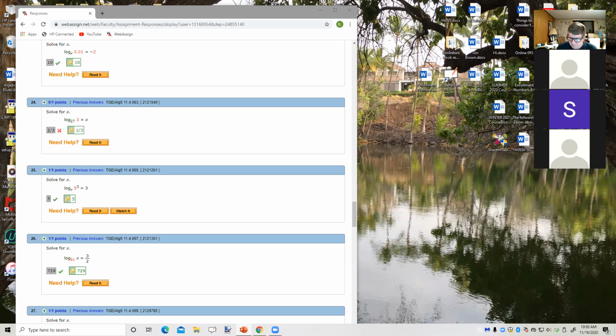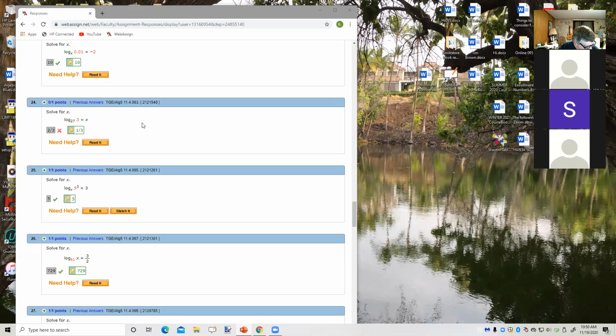There's an implied 1. 27 could be written as 3 cubed. So 27 to the x becomes 3 cubed to the x, but a power raised to a power, you would multiply the exponents. So now you get 3 to the 3x equals 3 to the 1. Therefore, 3x equals 1 and x equals 1/3.